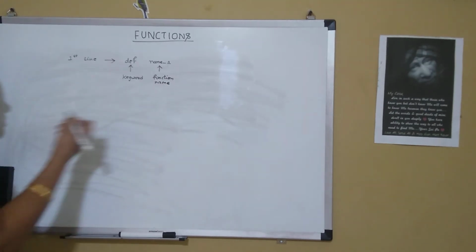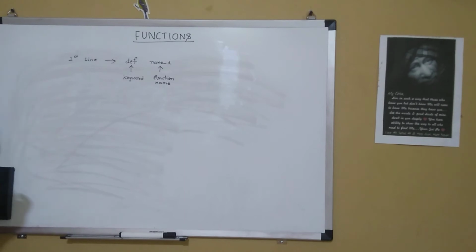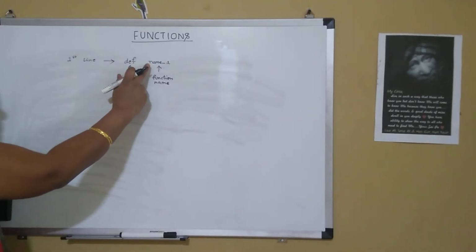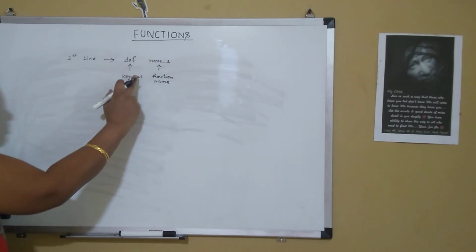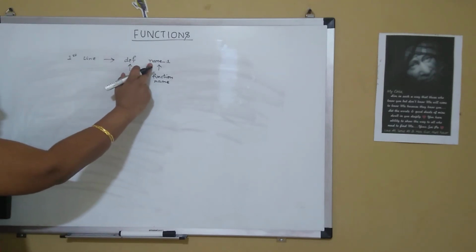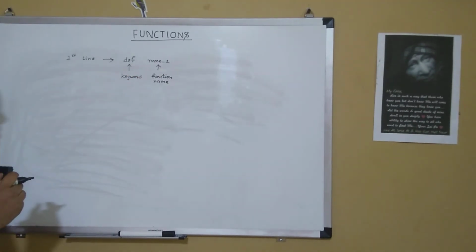So we have to give a name which specifies what the function is actually doing, so it will be easy for us to understand what function it is. And the function name cannot have keywords in it, and it has to follow the rules of naming an identifier.